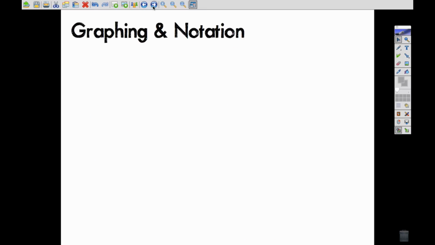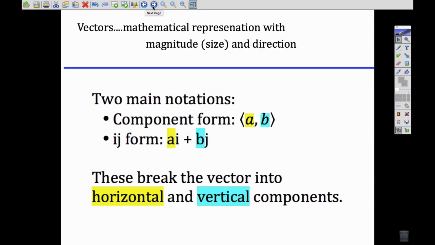So as far as graphing and notation goes, there's two main ways to show the notation of a vector. One is called component form, and that uses these pointy brackets, and the other is called the ij form, and both of them break the vector into horizontal and vertical components.